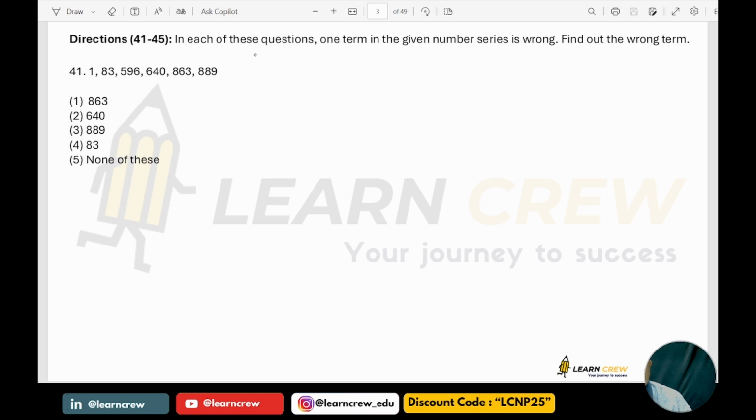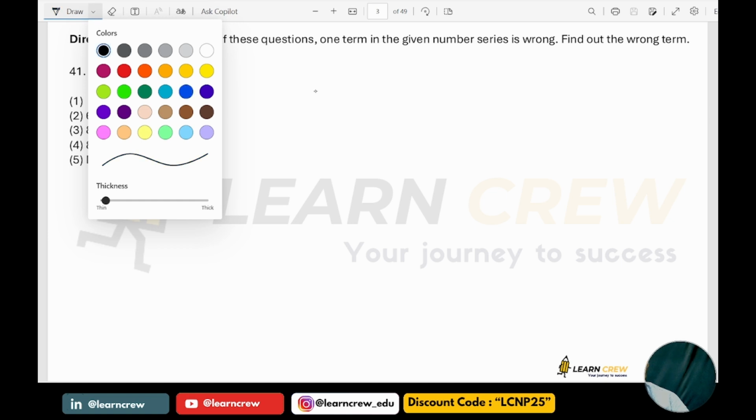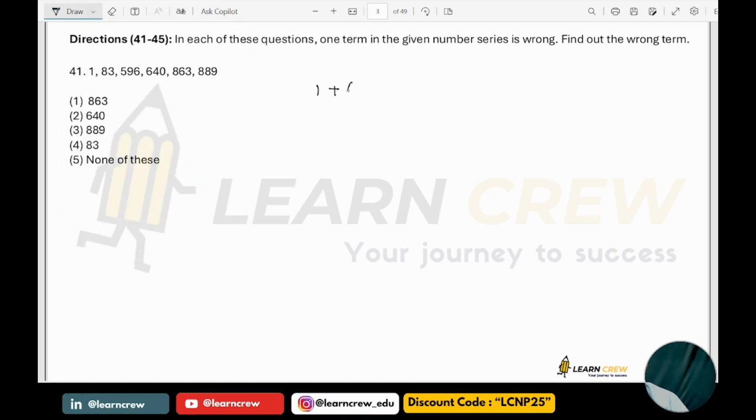In each of these questions, one term in the given number series is wrong. Find the wrong term: 183, 596, 640, 863, 889. If you see here, 1 plus 9 square plus 1 is 83.